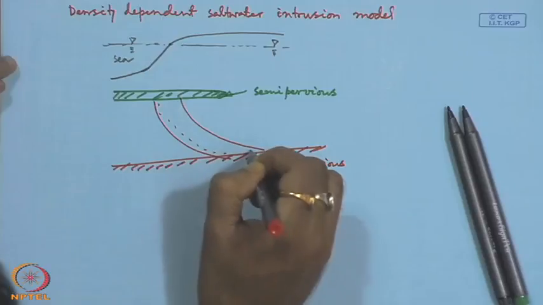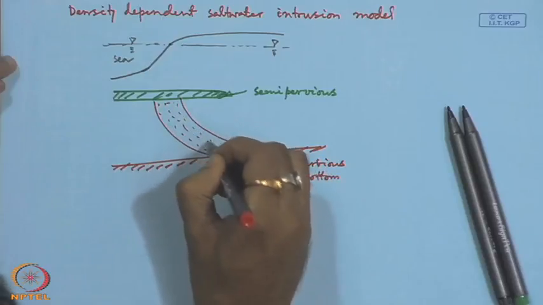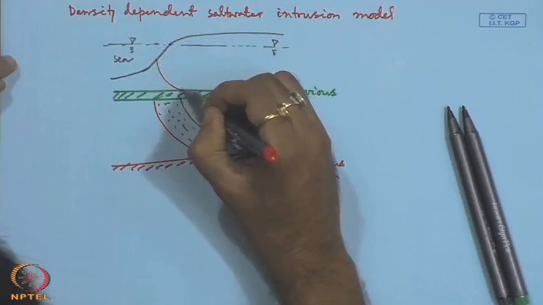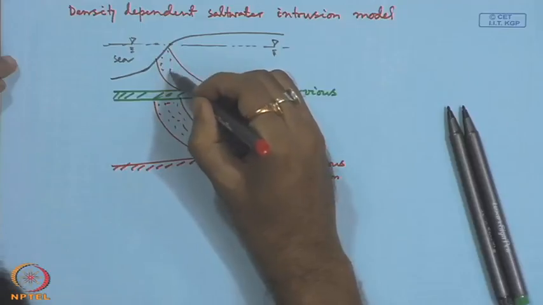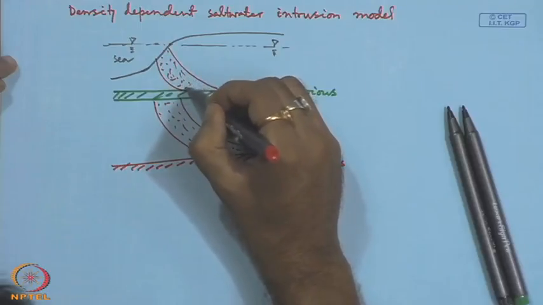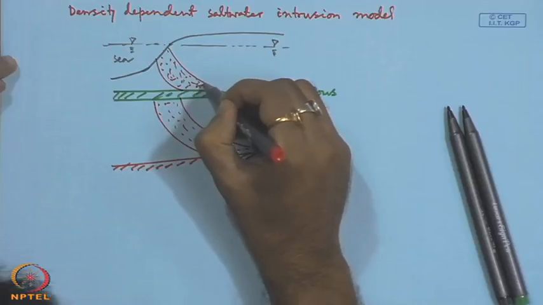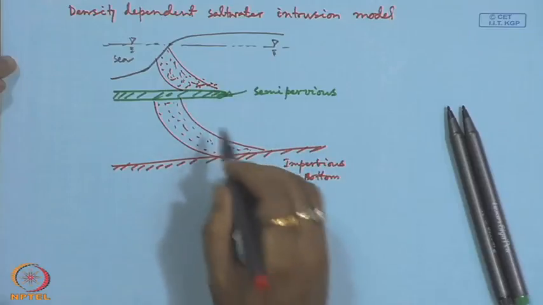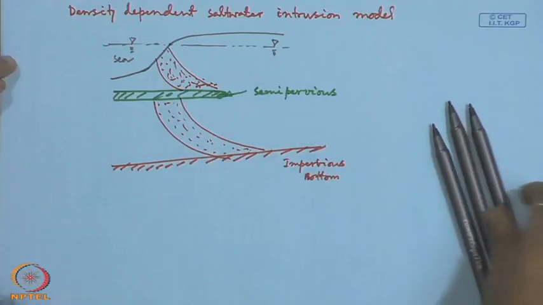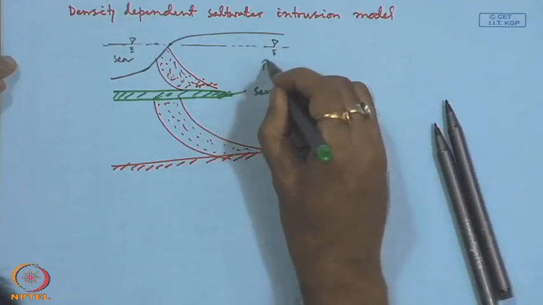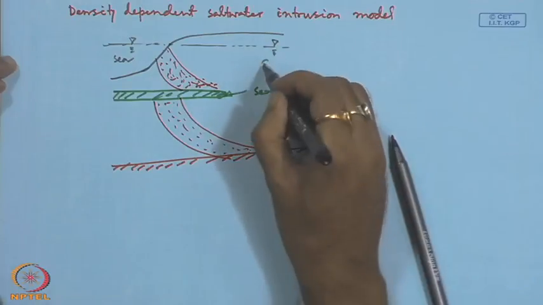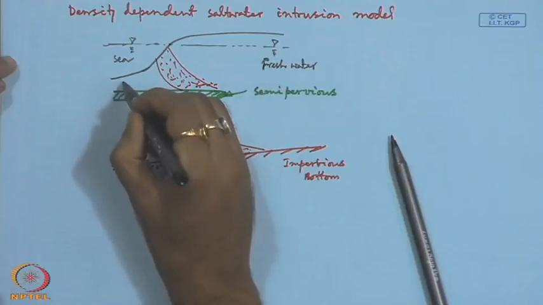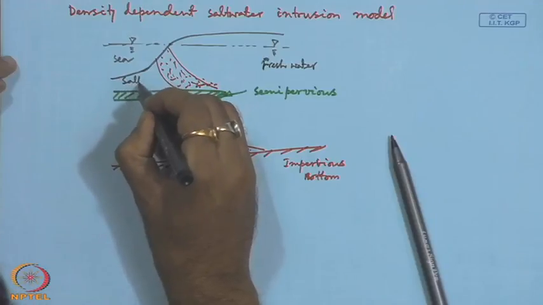This is the location of the transition zone. So, in the transition zone, it is considered that the density is in between freshwater and saltwater.